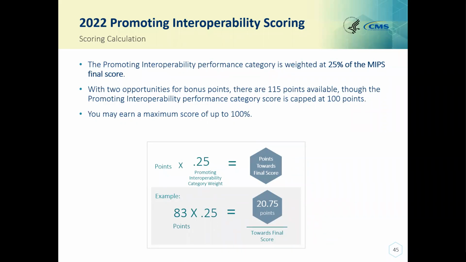So if you earn from 100 to 115, you would get the maximum 25 points. And just like previously, we sum up all your scores on each of the individual measures, and then we multiply it by the category weight, and that's how we get the number of points that will be contributed to your final score.